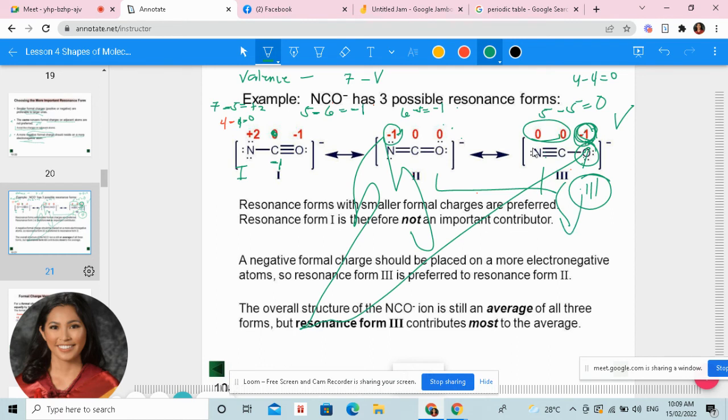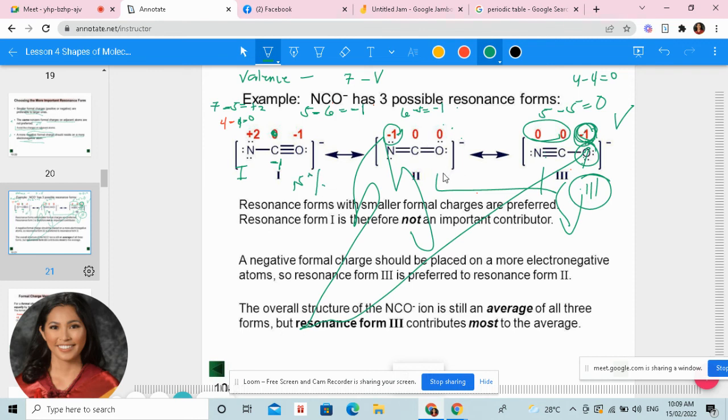However, this structure 3 contributed most. Okay, contributed most of the most accurate structure. It has the biggest contribution. This one is small, maybe only 15% contributed.